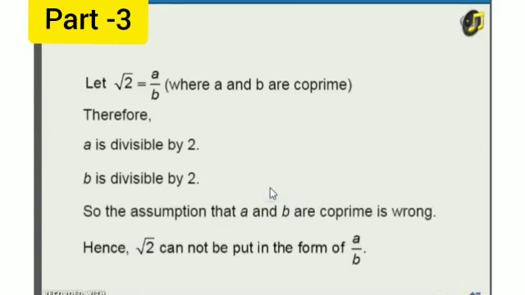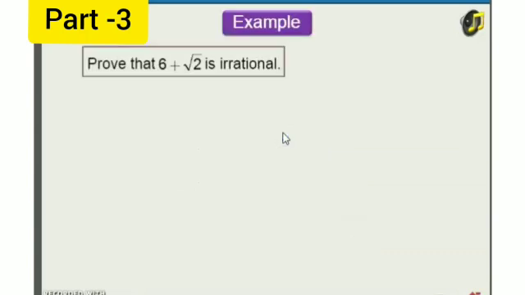So the assumption that a and b are co-prime is wrong. So what is true? Root 2 cannot be put in the form a by b. So root 2 is an irrational number. It is very easy to understand. In this way you can prove other examples.